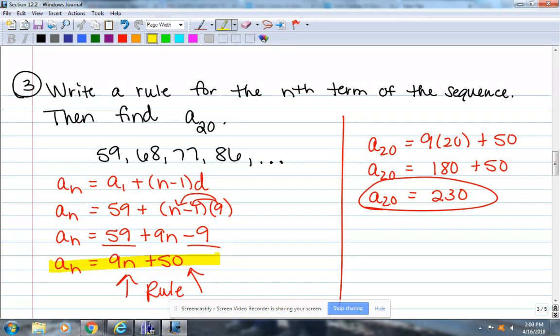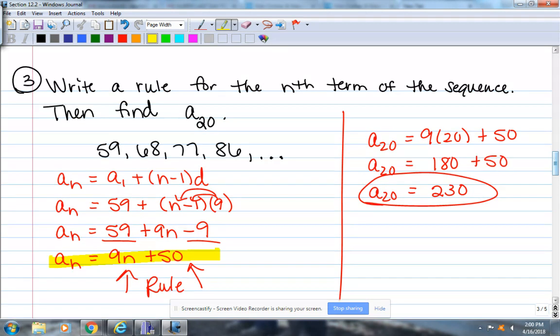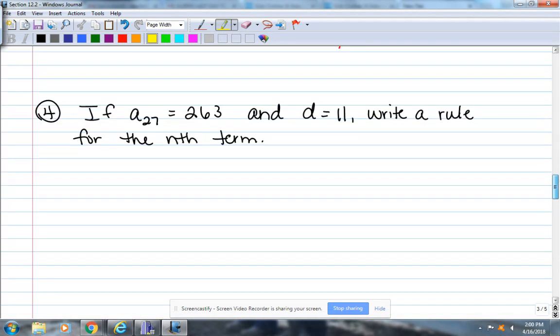Okay. Now here's where it might get a little confusing. We'll have 2 examples like this. It tells me the 27th term is 263, and the common difference is 11. Write a rule for the nth term. So I'm still writing a rule, but I don't know the first term, do I? No, because they did not give me the sequence.